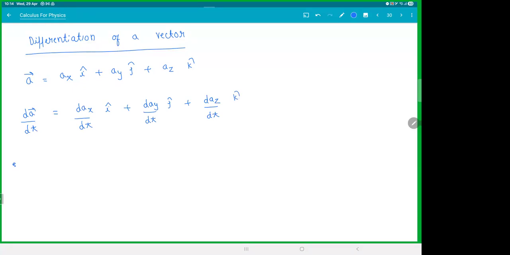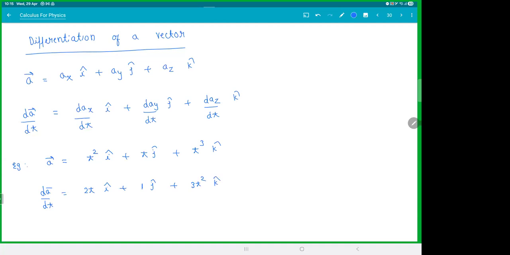So example, let's say A bar is given as t square i cap plus t j cap plus t cube k cap. Hope you guys remember the vectors. Now if I ask you to differentiate this, dA by dt, t square ka differential is 2t i cap, t ka differential is 1 j cap, t cube ka differential is 3t square k cap.